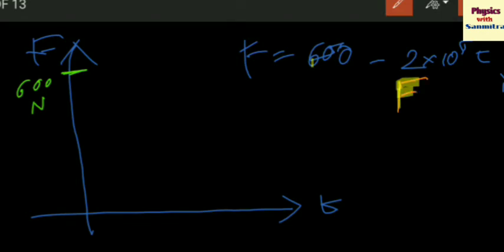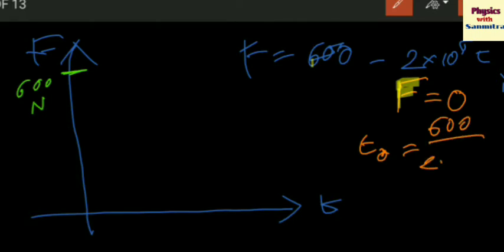F will be equal to 0 at t = t naught, let me say. At t naught equal to 600 by 2 into 10 to the power 5, that will be 3 into 10 to the power minus 3 seconds.